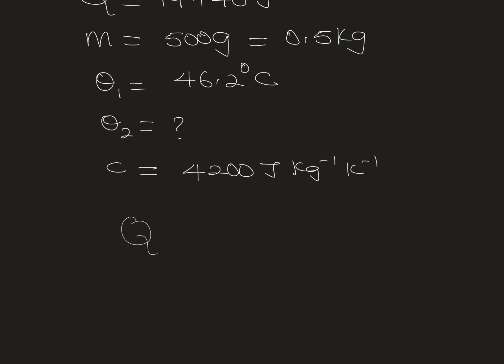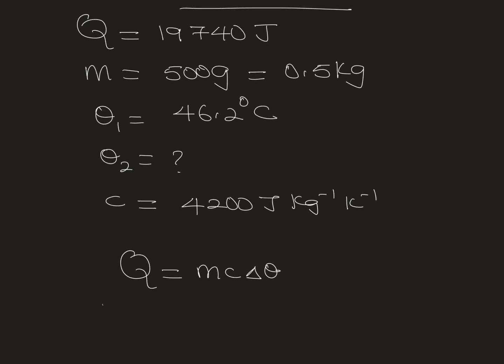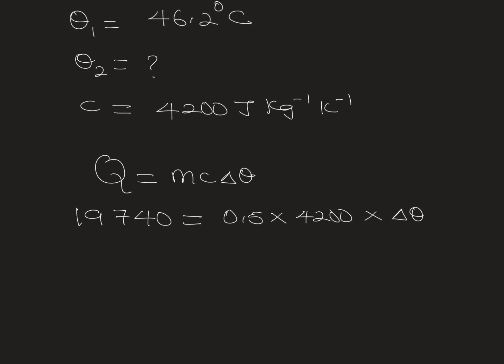So we can use Q is equal to MC delta theta, and we find the delta theta first. The quantity of heat is 19,740. This is equal to the mass, 0.5 kilograms, times the specific heat capacity, 4,200, multiplied by delta theta. So 19,740 is equal to 0.5 times 4,200, which is 2,100, multiplied by delta theta.